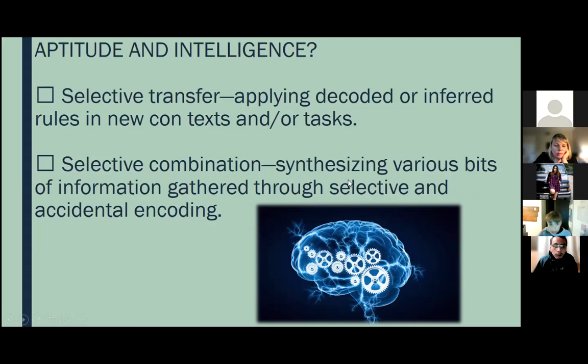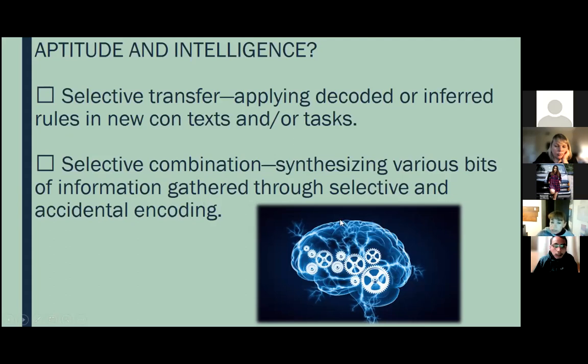So we can synthesize various bits of information gathered through selective and accidental encoding. First we can analyze simple words or phrases from our background, select them, and use the other meanings and contexts that the words or the phrase involve. So this is a selective combination.